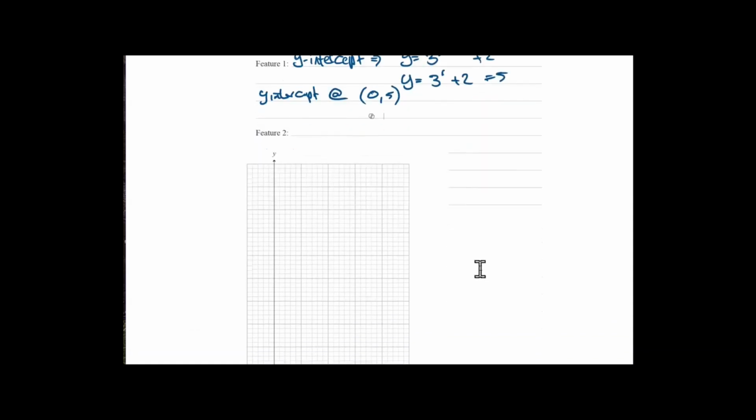Okay, the second feature. The second feature is common of all exponential functions, and that is it's probably going to have a horizontal asymptote.